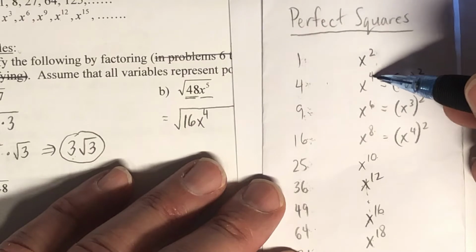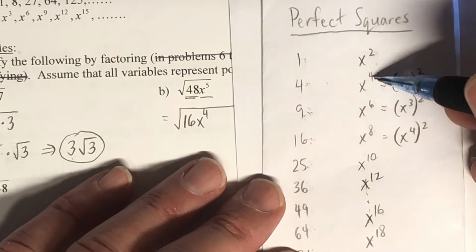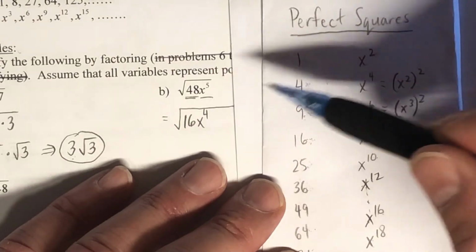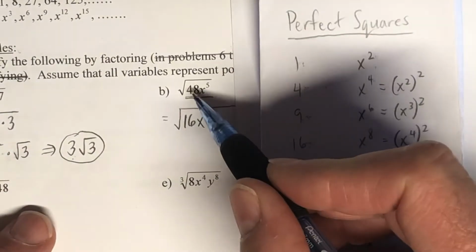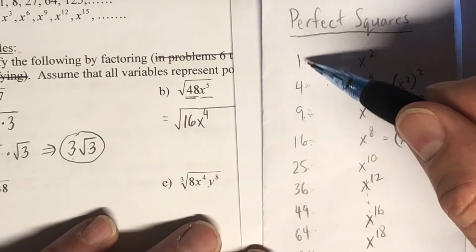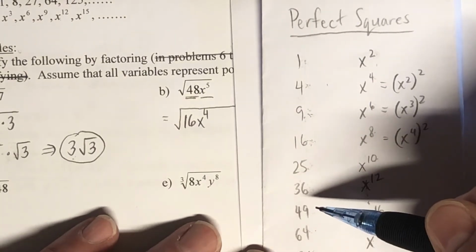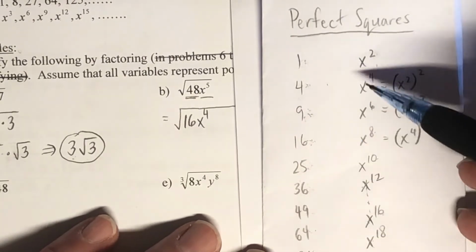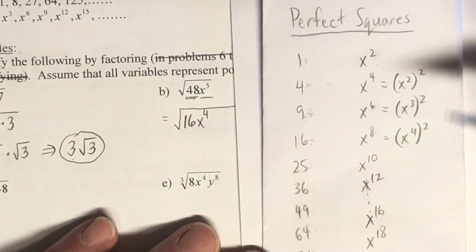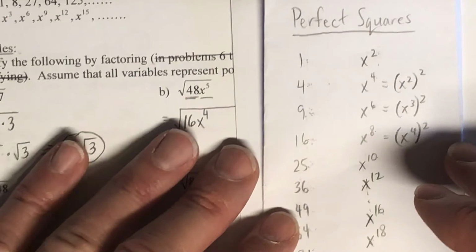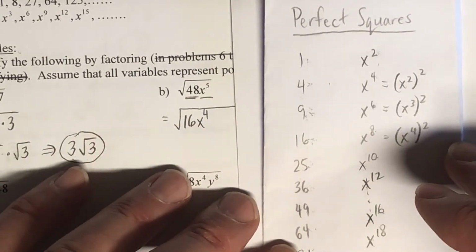So I picked the biggest exponent that was not bigger than the exponent 5 right here. Okay. So that's what you do. You do it for 48. You look at the left side of the list because there's no variables there with the 48. And then when you get to the variable part, you look at the variable part of the list and you pick the biggest exponent that's not bigger than the exponent you already have.